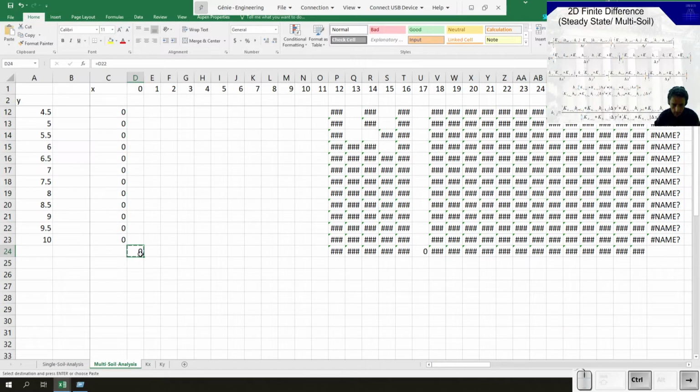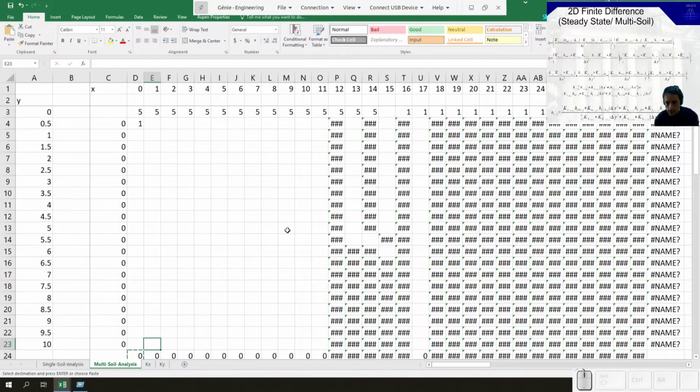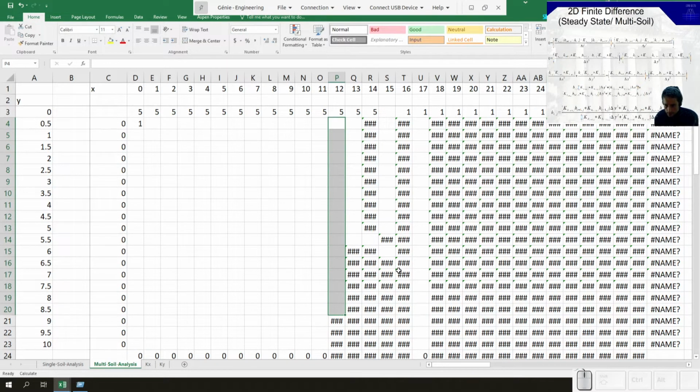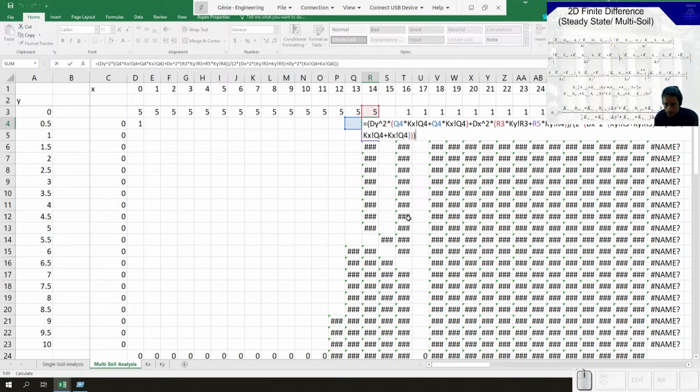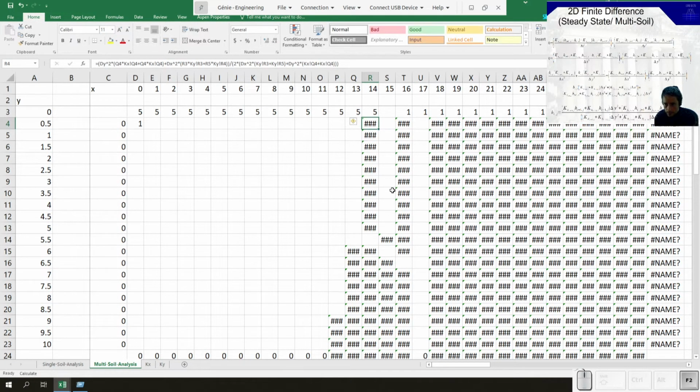Oh, that's a boundary condition, so we should recopy it. So using the iterations from inside the spreadsheet has its limitations sometimes. Okay, this is one of those cases where we hit a limitation. I'm not sure why we're having a problem there.